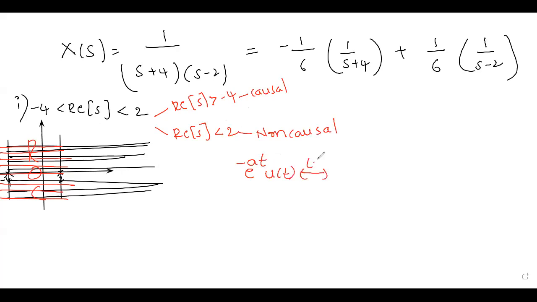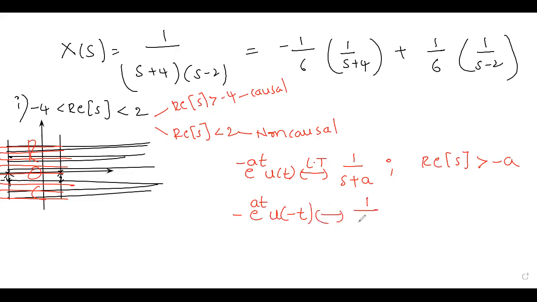What is its Laplace transform? 1 by (s plus a), where real part of s is greater than its pole, minus a. And similarly, minus e power minus at u(minus t). Please refer, this is correct or not? This also has the same Laplace transform, but real part of s is less than its pole. Minus at is there, plus at is there.